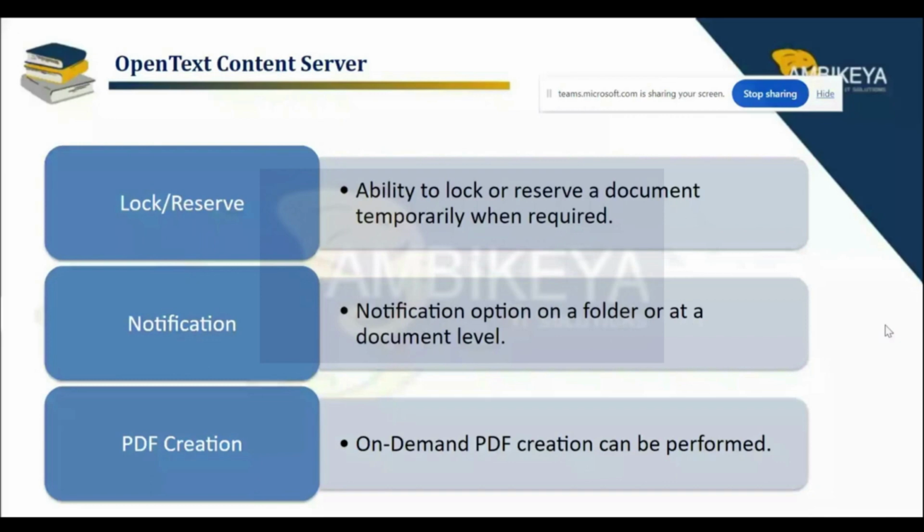If an organization or anyone who's using this content server really requires this module, based on their project requirements, sometimes they might need to convert a lot of incoming documents to PDFs. In those cases, they purchase the Blazon module.